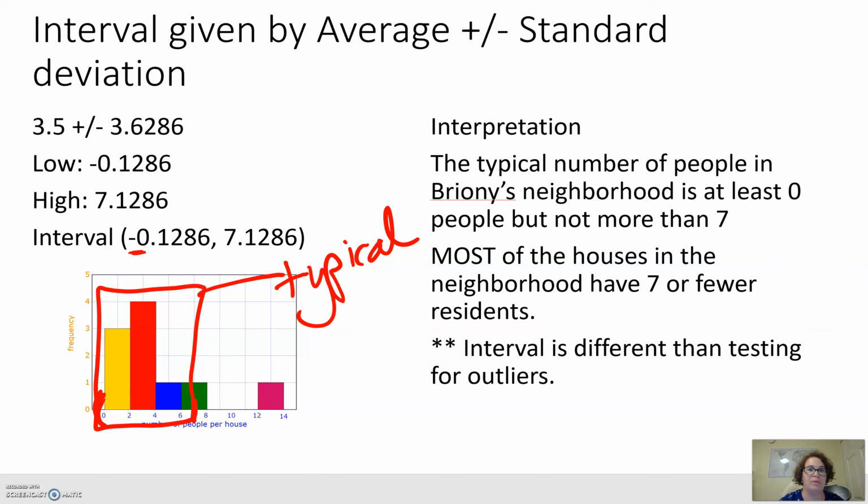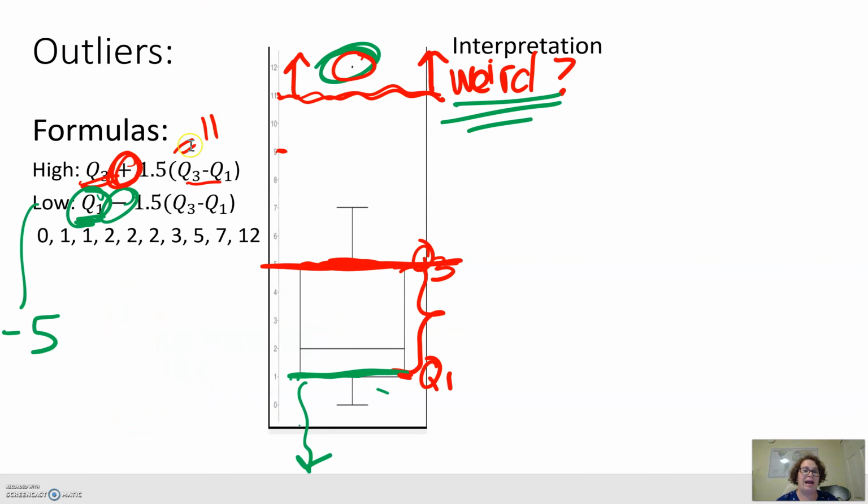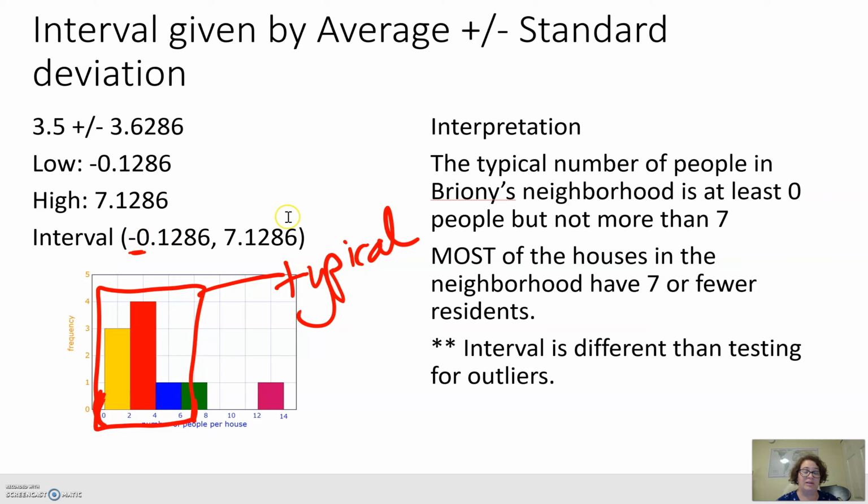If we go back to where we were looking at outliers, our high outlier cutoff was 11 and our low outlier cutoff was -5. They gave different values versus our interval, 0 to 7, not the same thing. In other words, our range for what is considered typical is narrow, and to be considered an outlier, you've got to be way out there. All right, so we're done with this description.